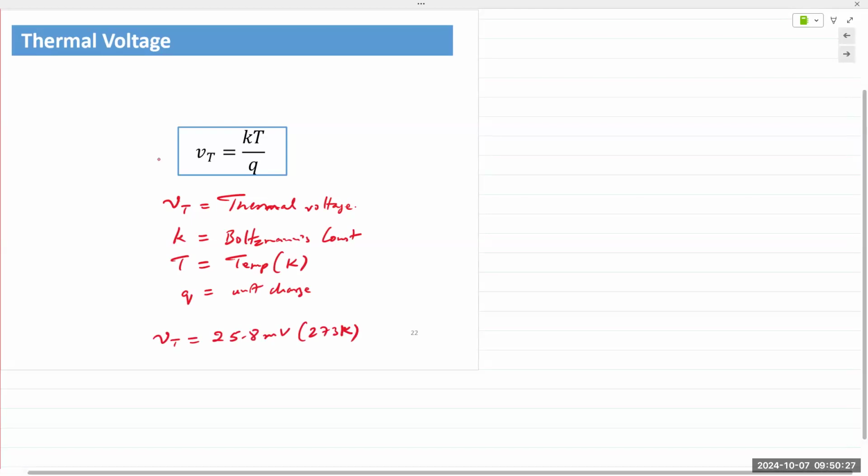Okay. VT, thermal voltage, is the voltage that arises because of temperature of holes and electrons. So it's a factor in how our devices behave at different temperatures.